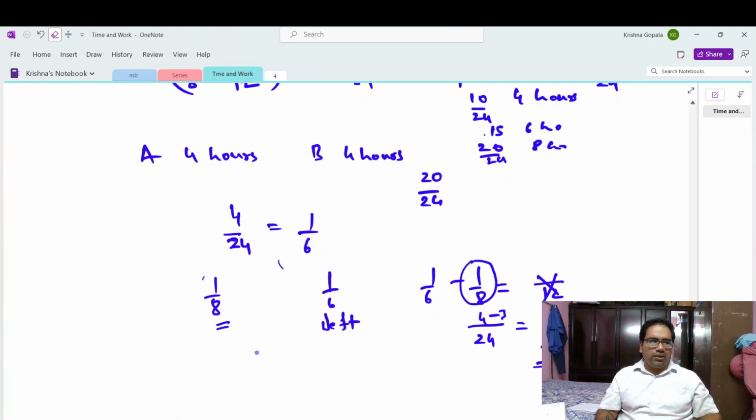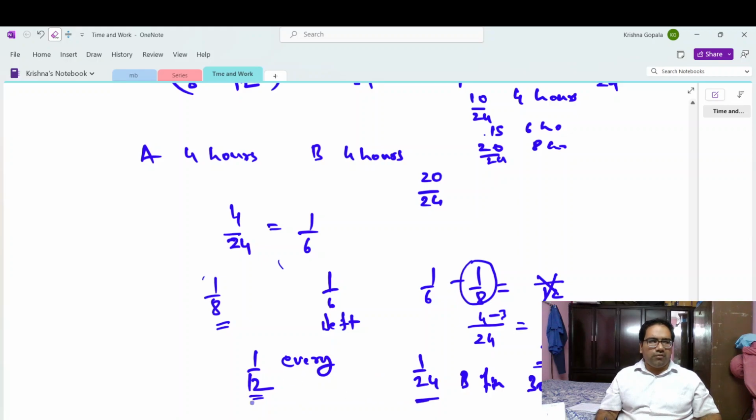Now, B completes 1/12 in every hour. With 1/24 work left and B able to do 1/12, 1/24 by 1/12 is 30 minutes. So B finishes it in another 30 minutes.